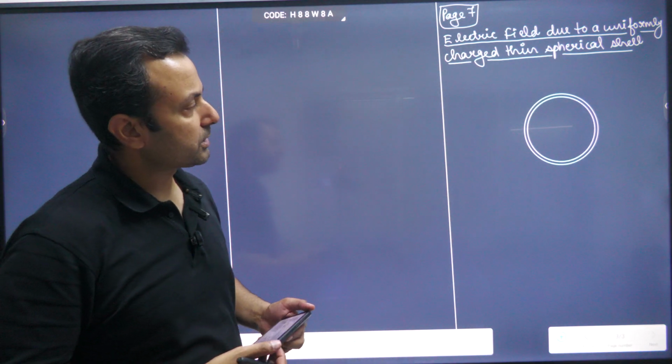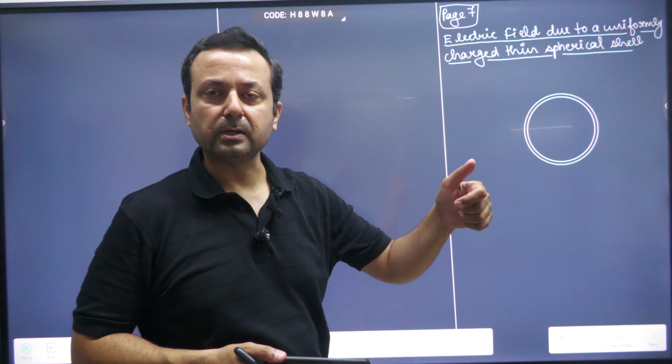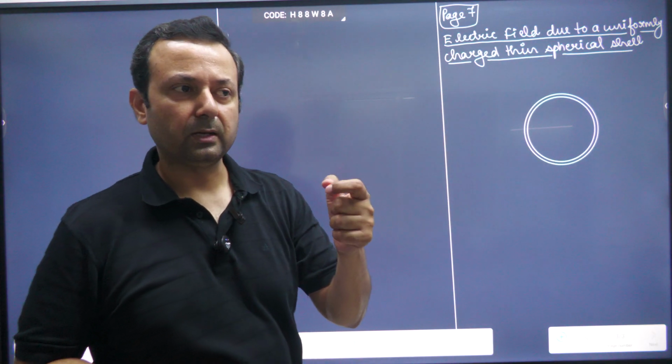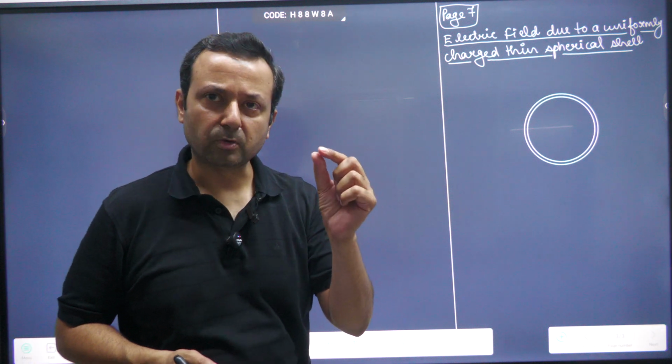I have drawn it as a double circle because I just want to show that this spherical shell has a small thickness also.